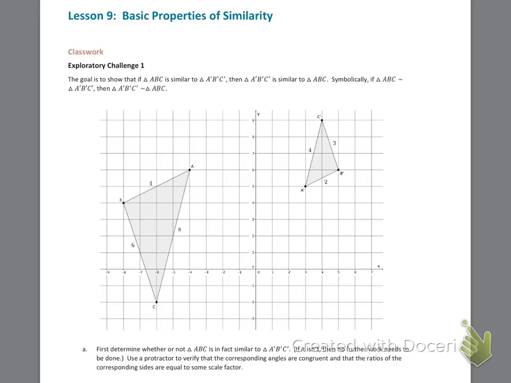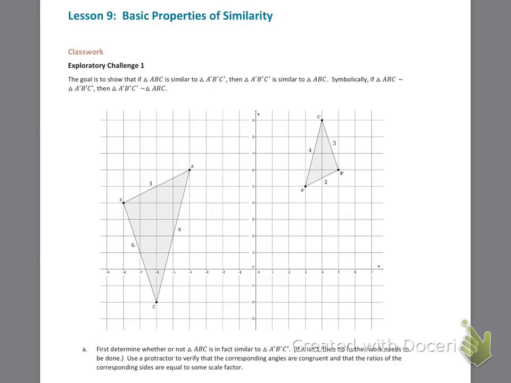Okay, so part B of this challenge, and I'm on the next page reading, says to describe the sequence of a dilation followed by a congruence that proves that triangle ABC is similar to A prime B prime C prime. So what I am first going to do is the dilation, because it tells me to do that. It says a dilation followed by a congruence.